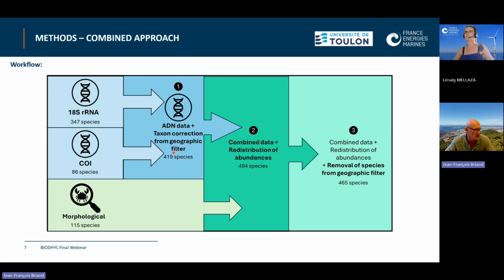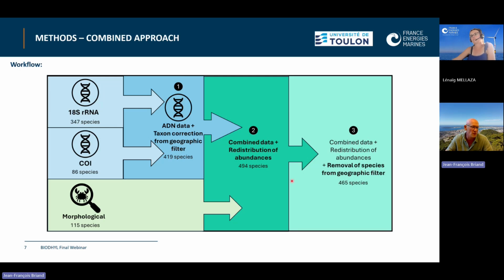I don't want to go into details, we can talk about that if you want, but the databases do not have the same number of taxa. The morphological approach, with a different number of species, is then integrated, and we have combined data with a redistribution of abundance. This is a very tricky step because, as I mentioned, we have full abundance with the morphological approach, but in some cases only presence-absence for the molecular data.